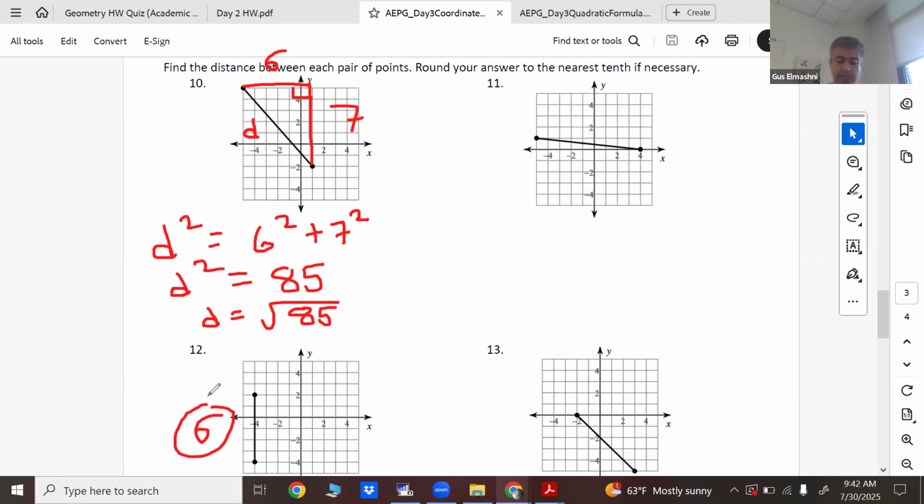Use distance formula for 11. Great question. If you can simplify it, go for it. But if we can't, don't worry about it. It says round to the nearest tenth. Honestly, let's see it as a radical. I don't care if it goes to a decimal. Does it matter which way we go on that? Nope, not at all.